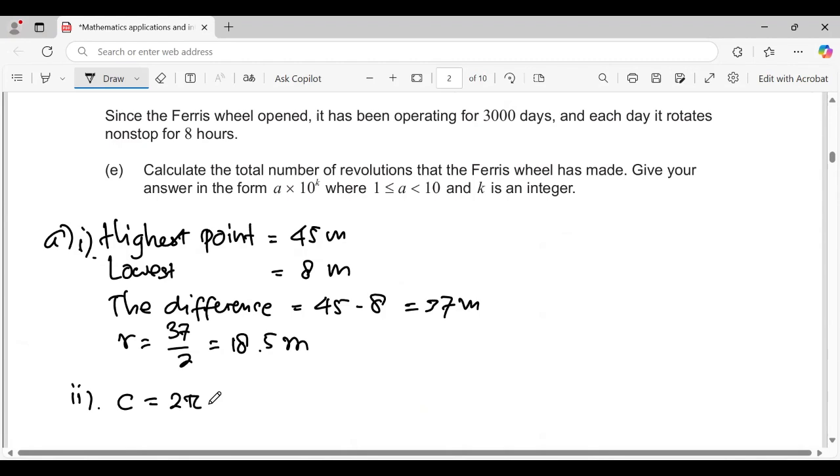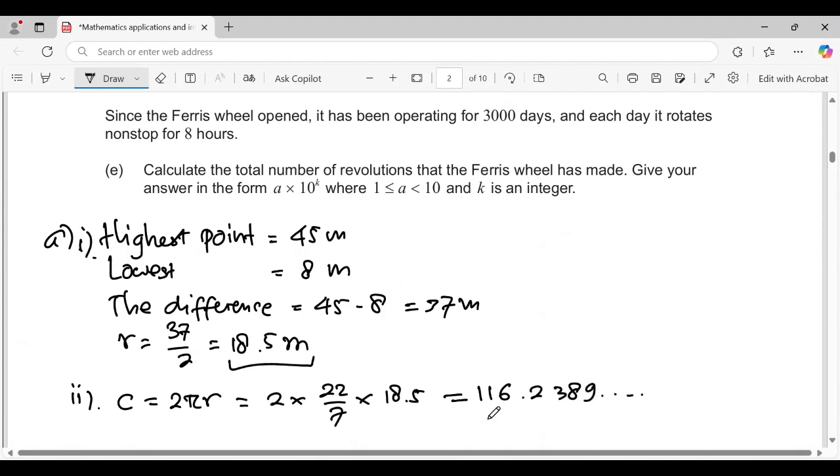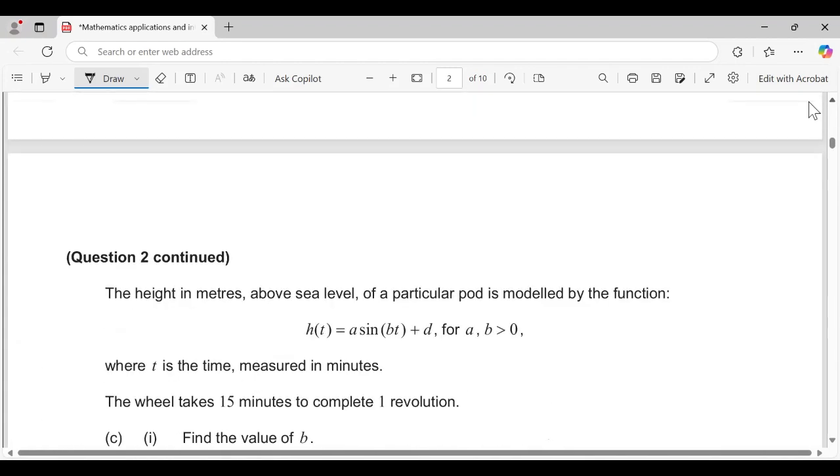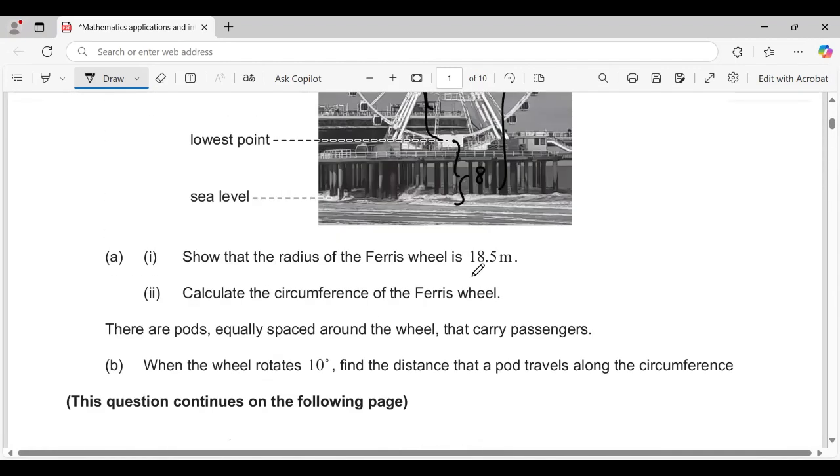The formula is 2 pi r, or 2 multiply 22 over 7 multiply 18.5 meters, because this is the radius, and it is 116.2389, rounded off, 116 meters. Next question, B.